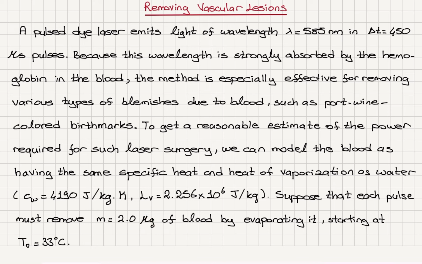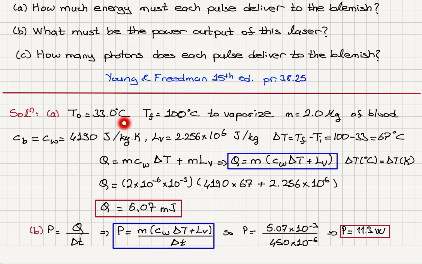And we're assuming the initial temperature of the blood is 33 degrees Celsius. So this energy is the energy that goes to the heating from 33 degrees Celsius to 100 degrees Celsius plus the phase change from liquid to gas. So it's mc delta T plus mL. So if we plug in the numbers, we find 5.07 millijoules.